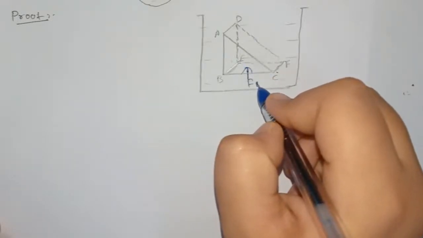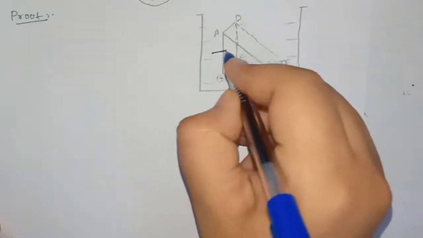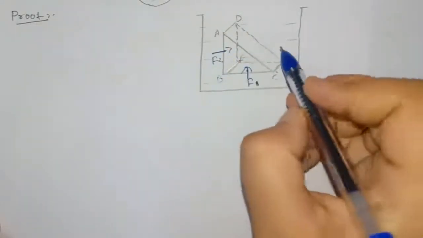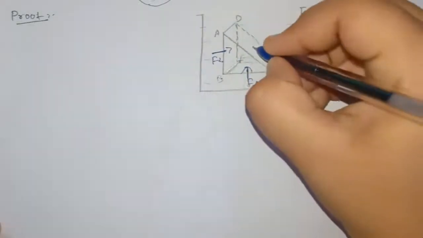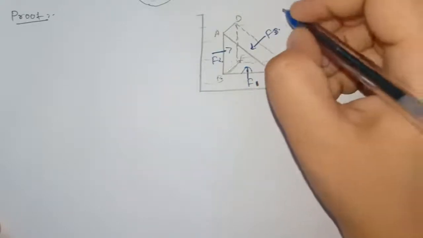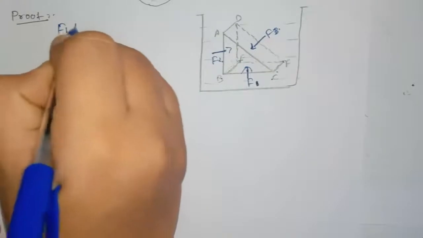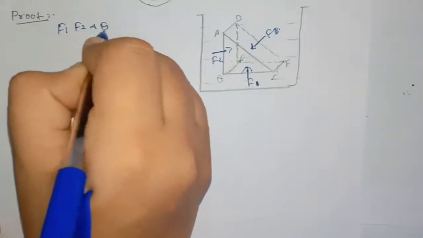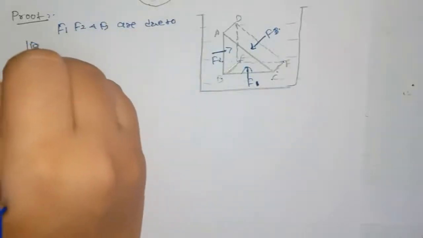On the surface ABED, force F2 is acting. And on the surface ACFD, force F3 is acting. These forces F1, F2 and F3 are due to the liquid.